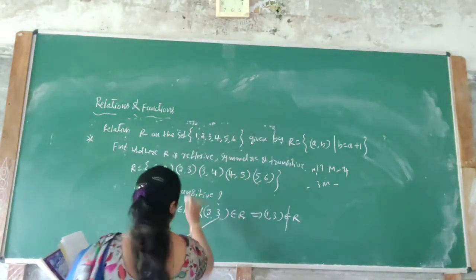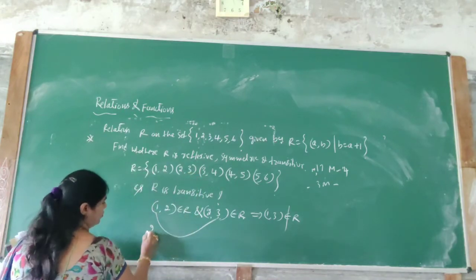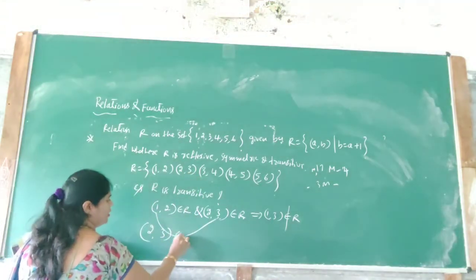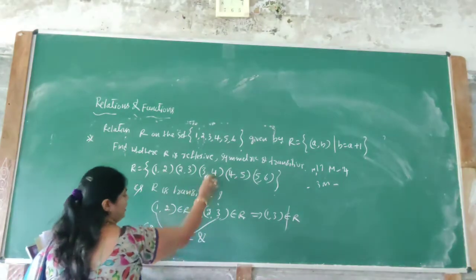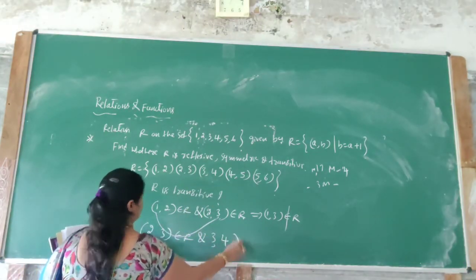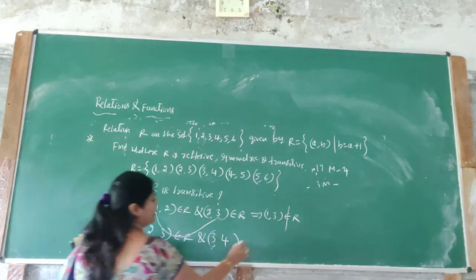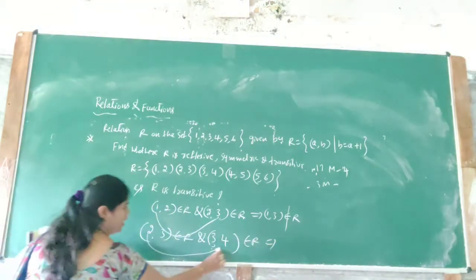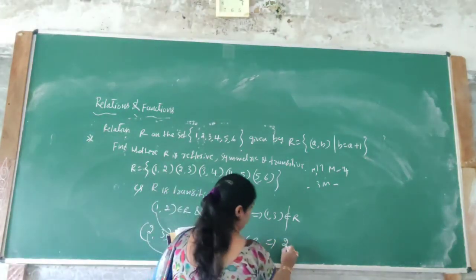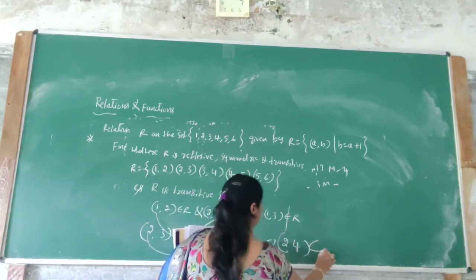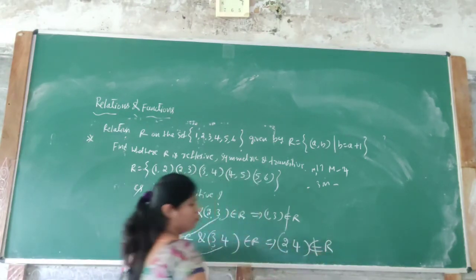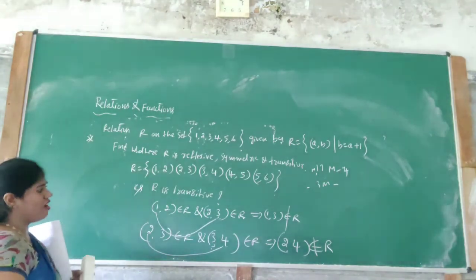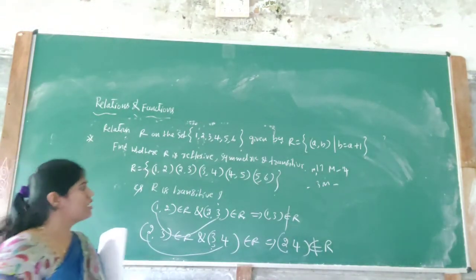For example, (2, 3) is there in the set R, and (3, 4) is also there in the set R. What does it have to imply? (2, 4) should also be there in the set R. But it is not there. Therefore, it is not transitive.